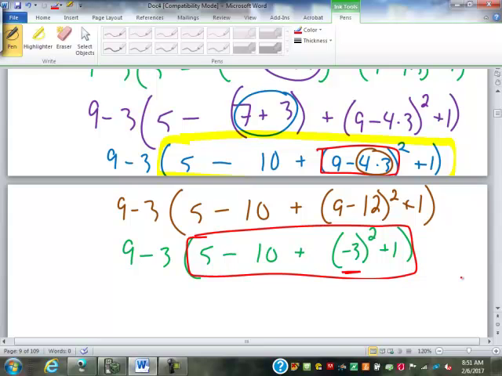But in that larger parentheses, in that red box there, the exponent is the next level priority. So negative 3 squared is 9. Be careful, your calculator might try to tell you that that is a -9. It is not. It is positive. Remember, on your calculator, when you put in a negative to a power, you have to put it in parentheses to make it come out right.